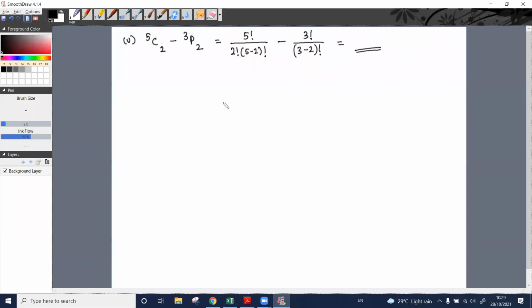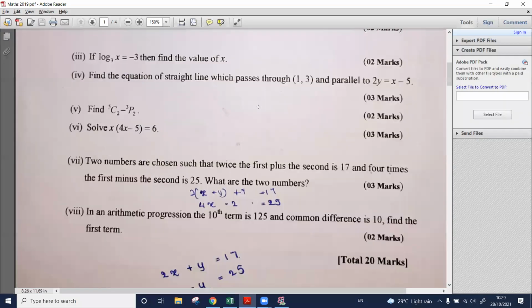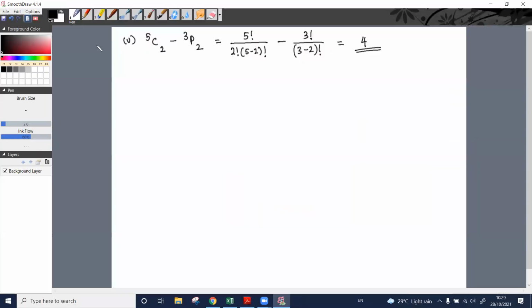The answer should be equal to 4. If you got this one correct, 2 marks for this.